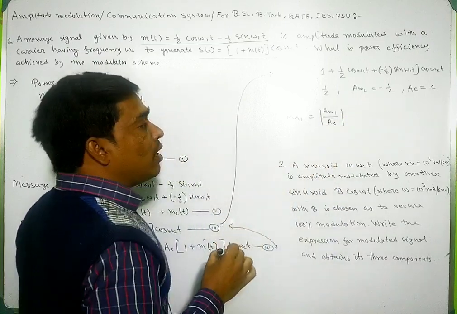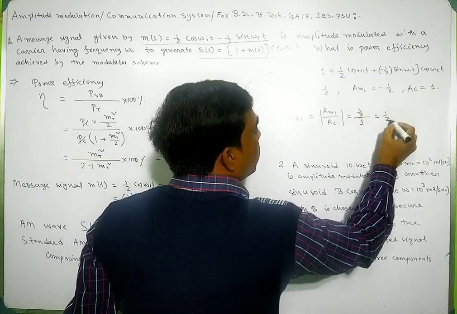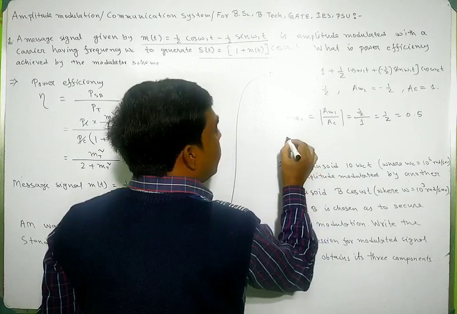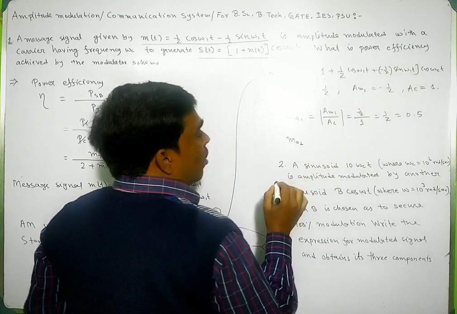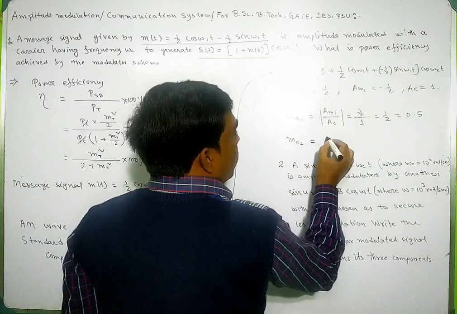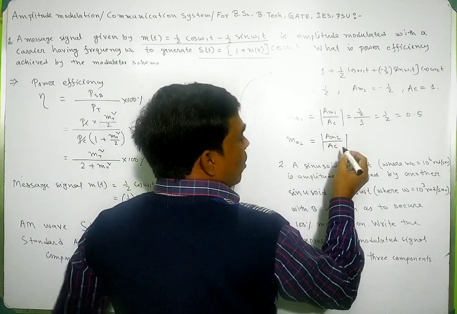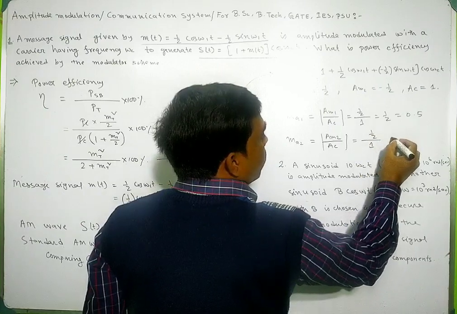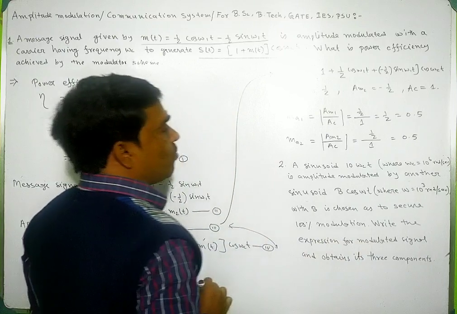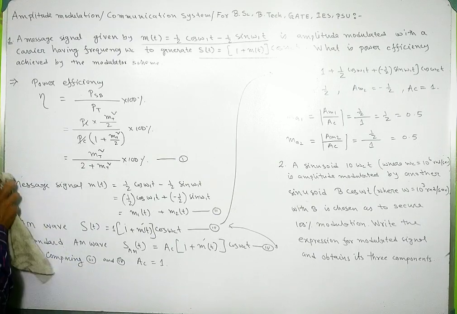I only need the magnitude, so it will be half divided by 1, that means 0.5. Similarly, the modulation index Ma2 will be Am2 divided by Ac. I only need the magnitude, so it will be half divided by 1, so it will be 0.5. Now we need the total modulation index.